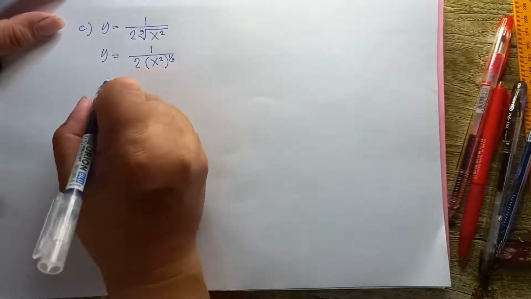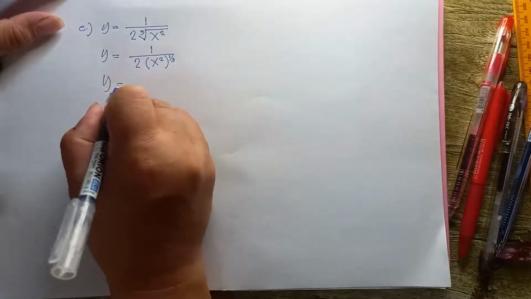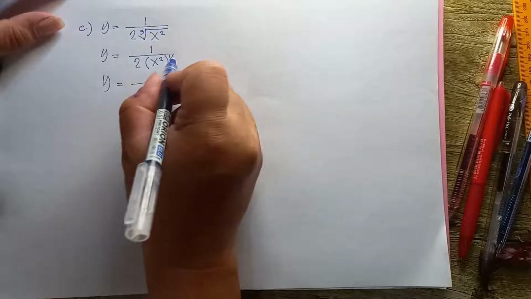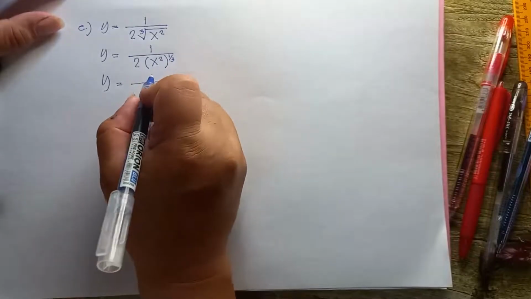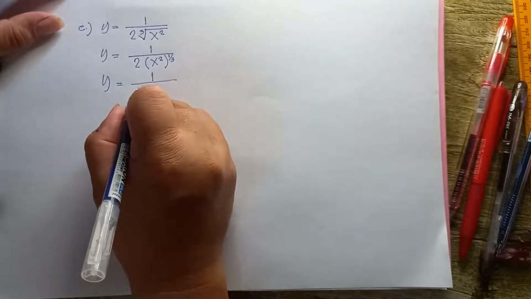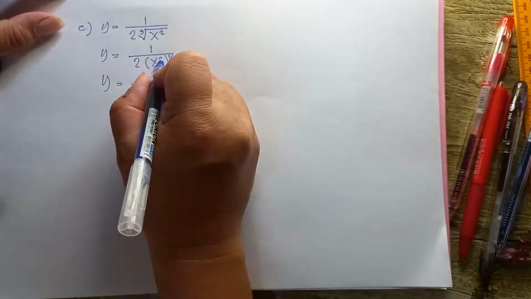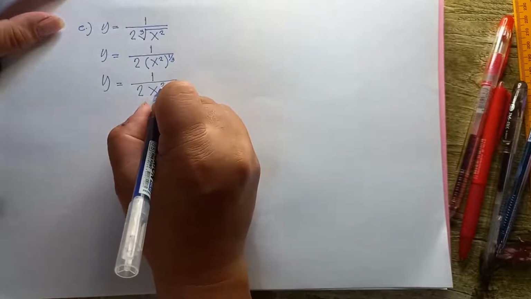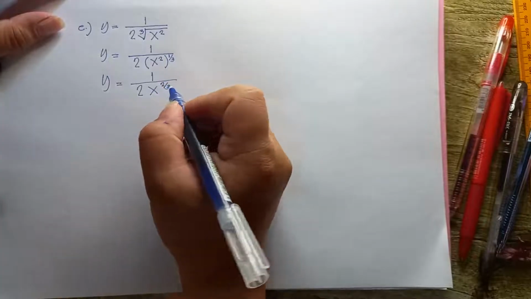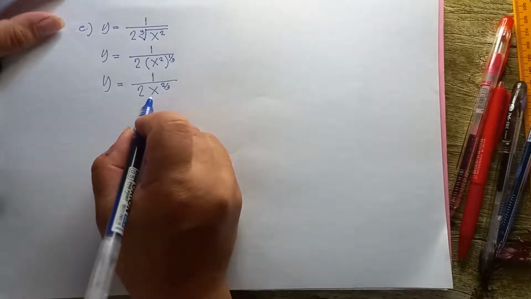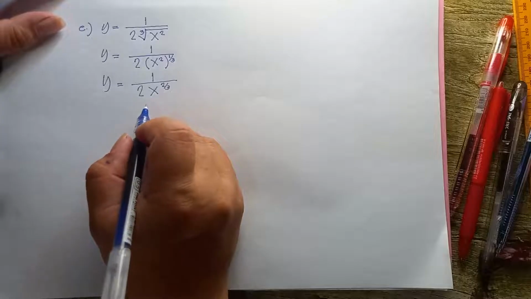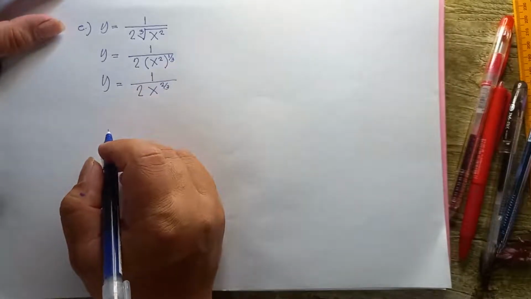Now after that, we say y is equal to, again, consider multiplying the exponents, 1 over 2 x raised to 2 multiplied by 1/3, we have 2 over 3. So this variable x with an exponent of 2/3 will be raised to the numerator.